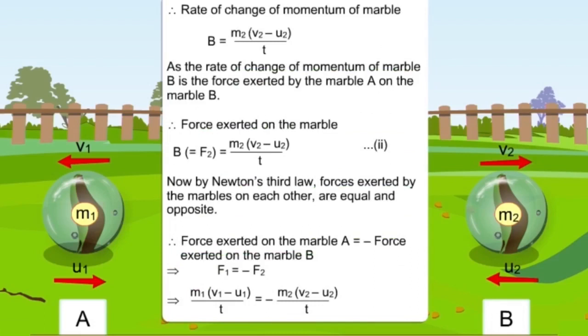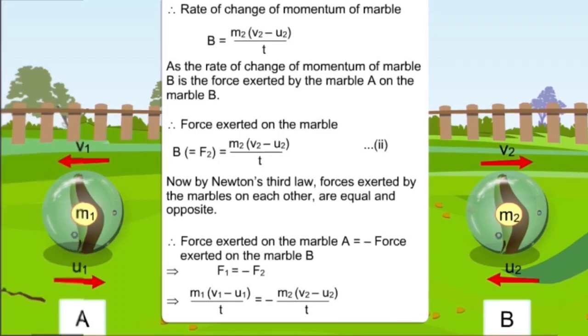As the rate of change of momentum of marble B is actually the force exerted by marble A on marble B, we can say that the force exerted on marble B, which we represent with F2, is equal to m2 (v2 minus u2) divided by t.